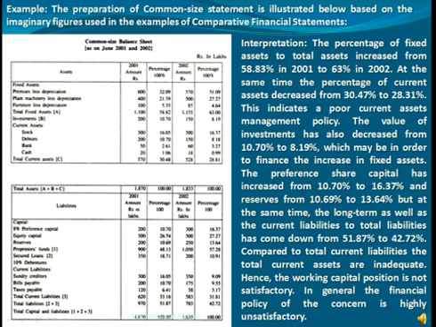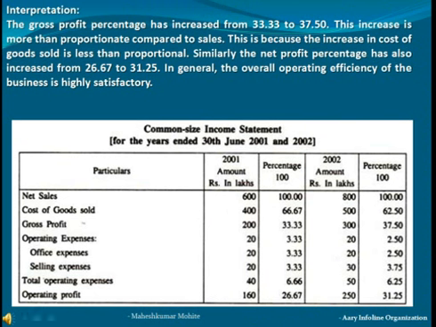Compared to total current liabilities, the total current assets are inadequate. Hence, the working capital position is not satisfactory. In general, the financial policy of the concern is highly unsatisfactory. Interpretation: the gross profit percentage has increased from 33.33 to 37.50.